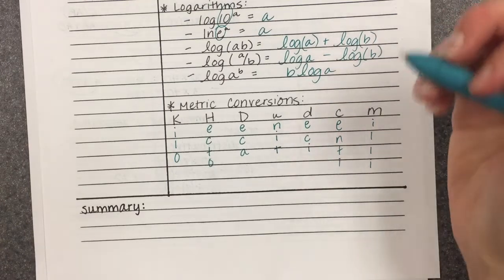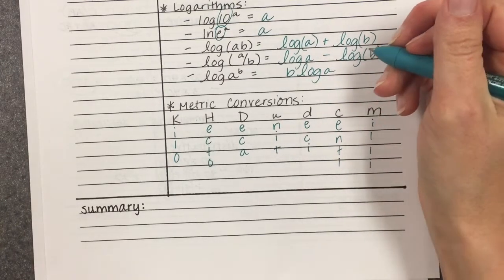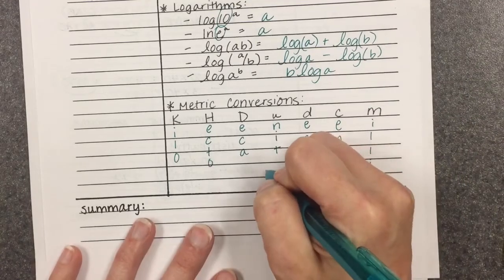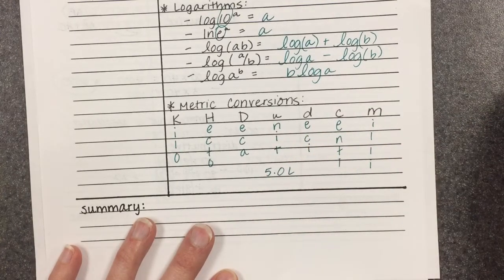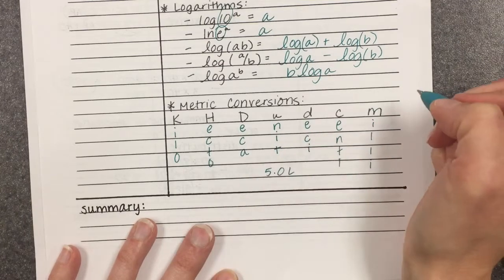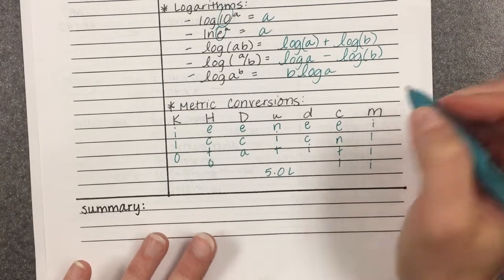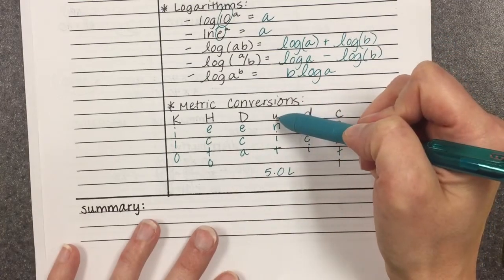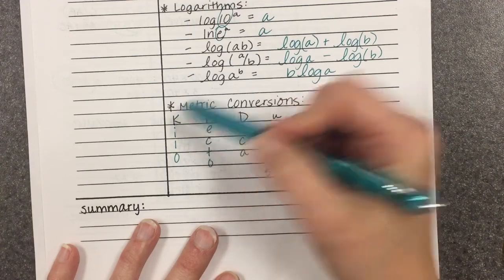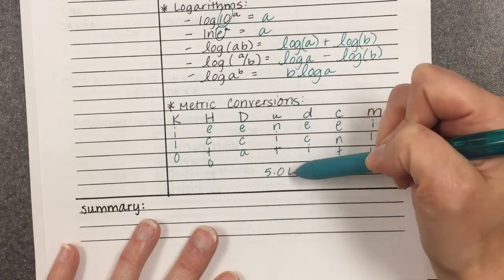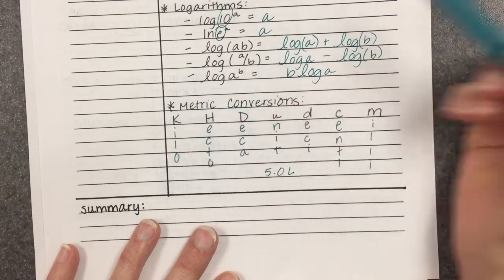And so actually this helps out a lot because let's say that I had 5.0 liters. Okay, this is my example. I have 5.0 liters and I need to convert that to kiloliters for whatever reason. Well, if you look at this, I have to move this direction 1, 2, 3 times in order to get from my base unit that I have to kiloliters, which I want, right?